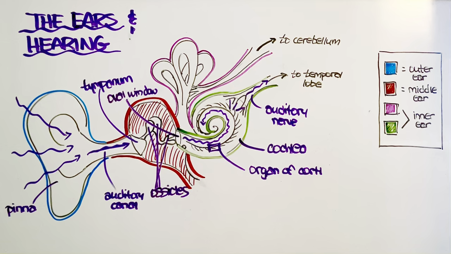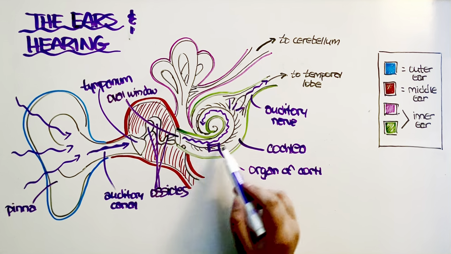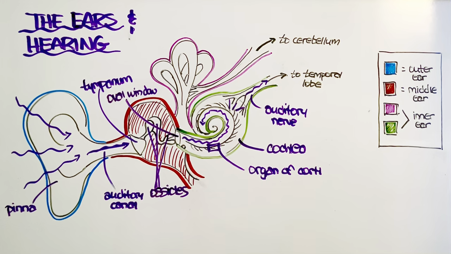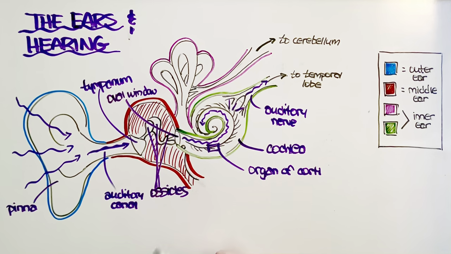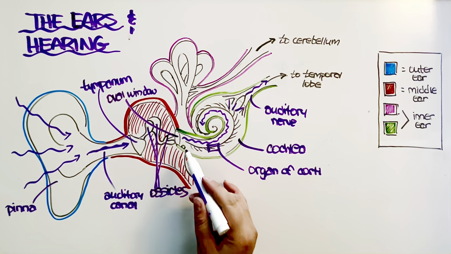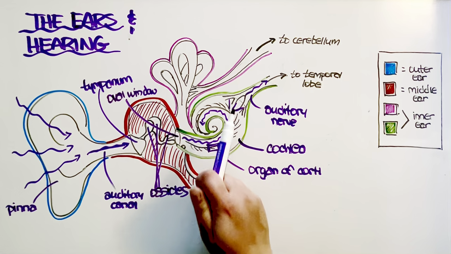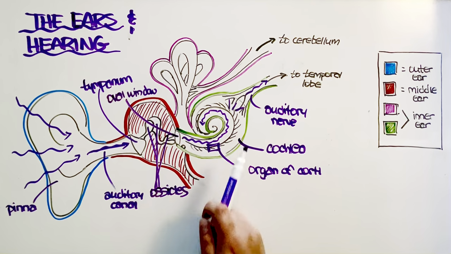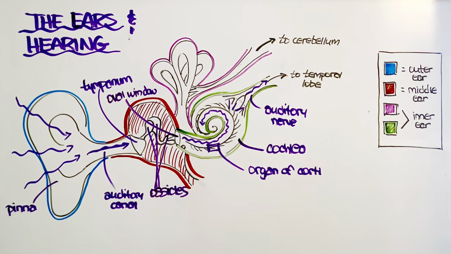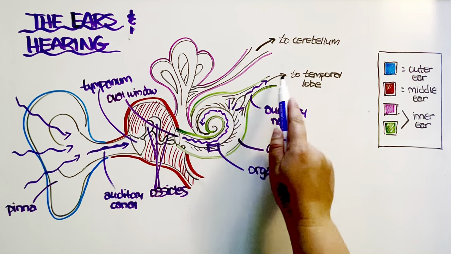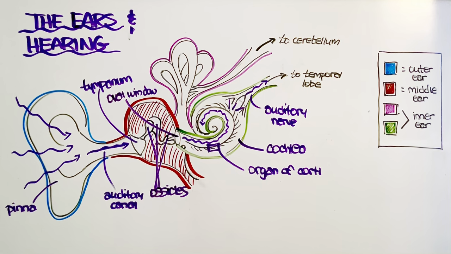Now, I wanted to state, I'm kind of oversimplifying what is happening inside the cochlea. This organ of Corti is actually embedded within a structure that has several different layers. For the purposes of our curriculum, we just need to know that the organ of Corti is a structure within the cochlea that contains hair cells, and it's those tiny little hair cells that vibrate in response to changes in pressure, which activates the auditory nerve.